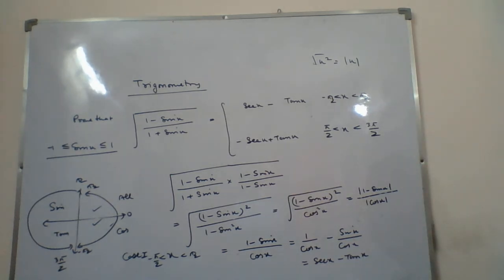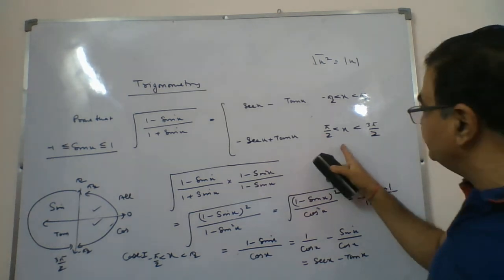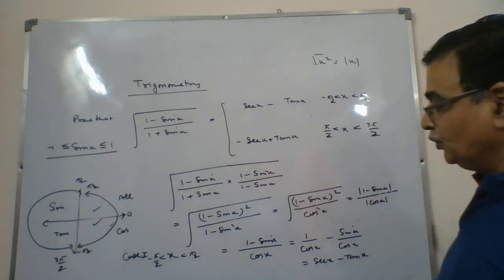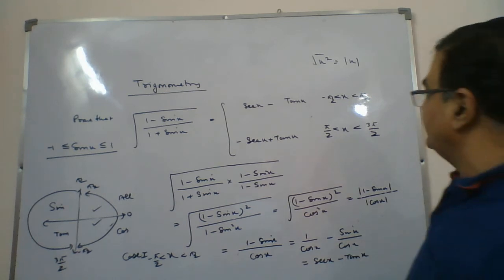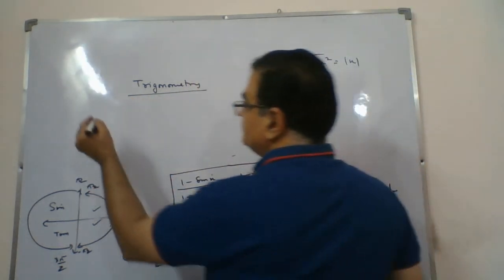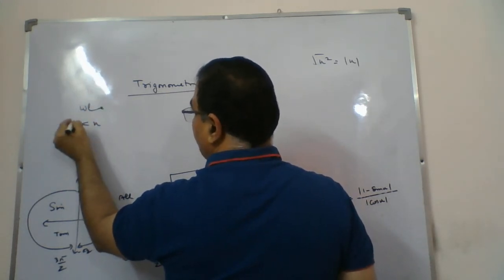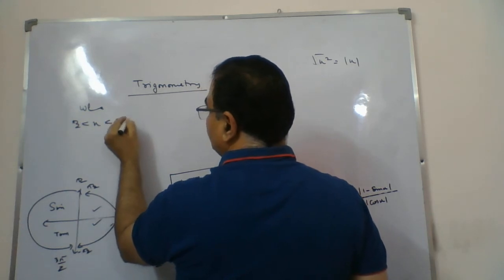Same way, for the second part, when x is going between pi by 2 to 3 pi by 2, what change will be there? Now just check that. Case 2: x is between pi by 2 to 3 pi by 2.